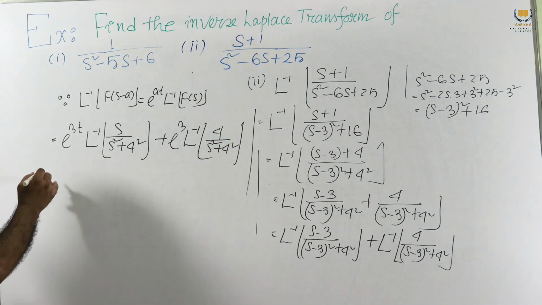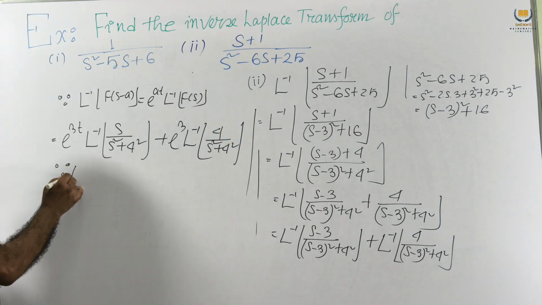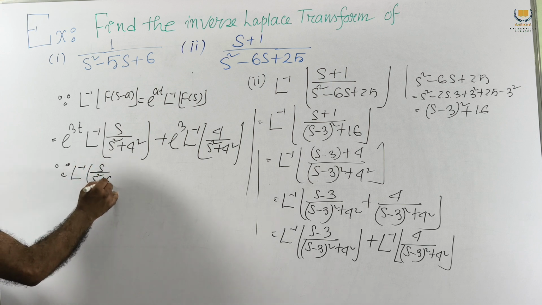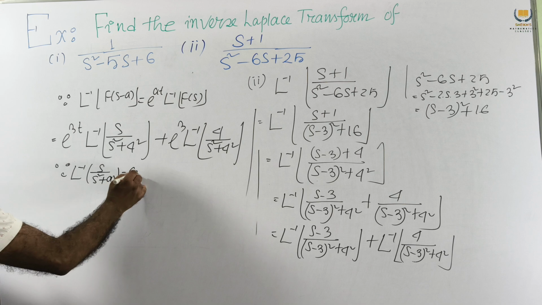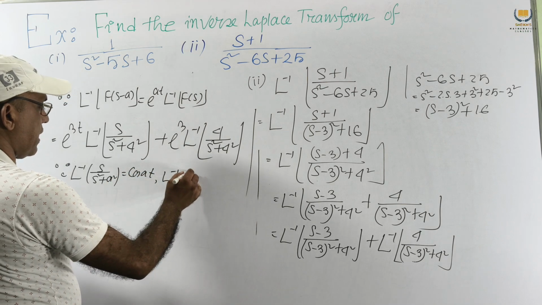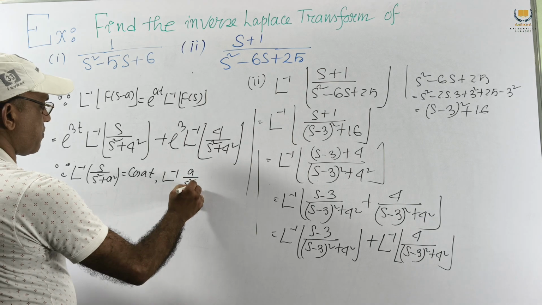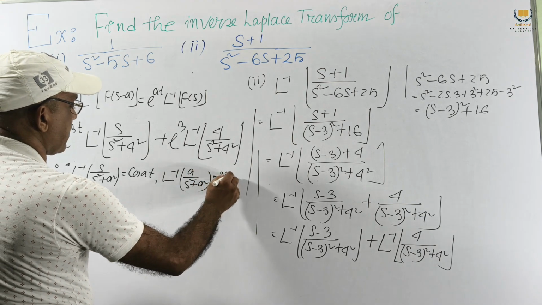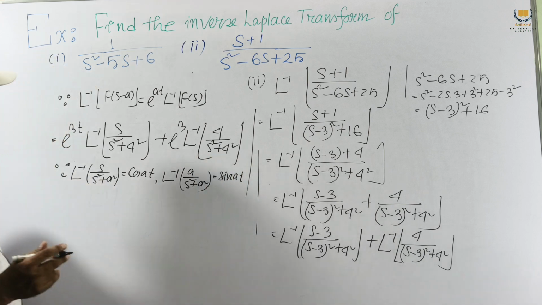But we know this formula: L inverse s by s square plus a square is cos at, and L inverse a by s square plus a square is sin at. So these are the formulas we know.